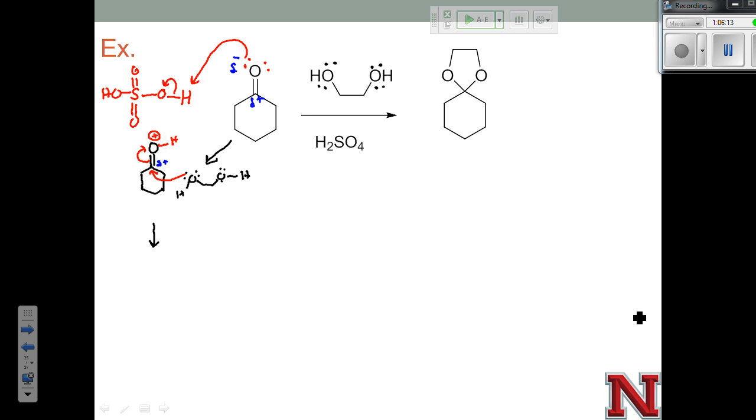That forms this neutral OH and a new bond between our carbon and our oxygen of our diol. Now note, we're left with a positive charge. So our next step is going to be deprotonating.